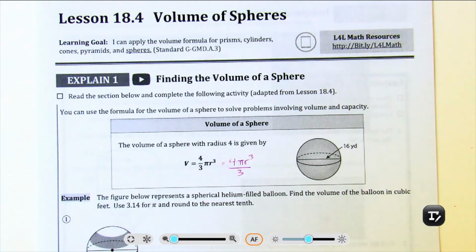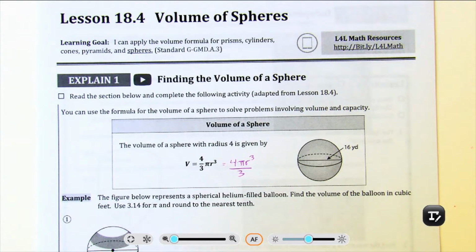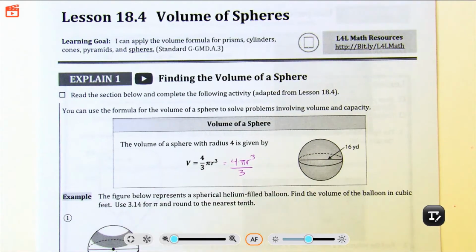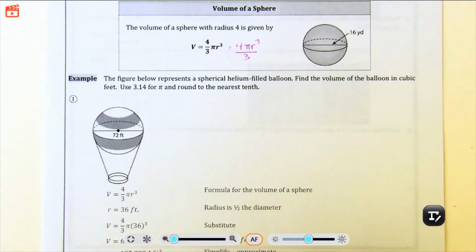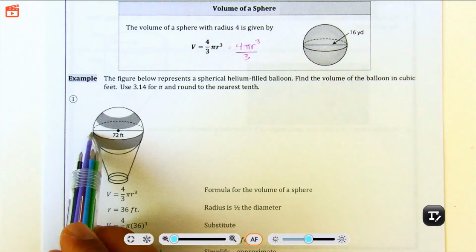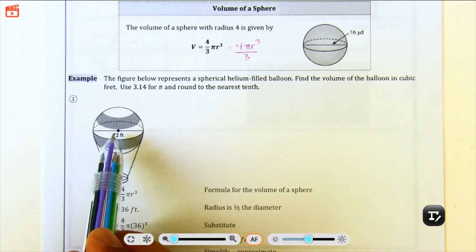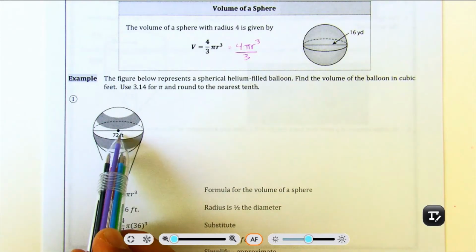When finding the volume of a sphere, all we need to know is the radius of the sphere. In the first example, we have a sphere of a hot air balloon that measures 72 feet across, so our radius would be 36 because that's half of 72.